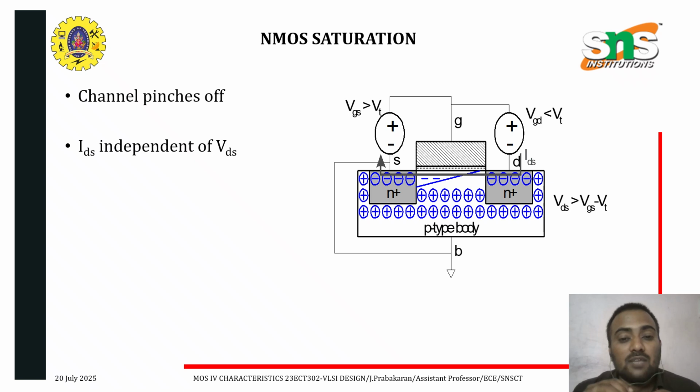Channel pinch off refers to the condition in a MOSFET where the inversion layer, which means the channel near the drain end, becomes depleted of charge carriers, effectively pinching off the channel at the end, and also the drain source current is independent of VDS. Okay, the channel length is gradually decreased at this region.